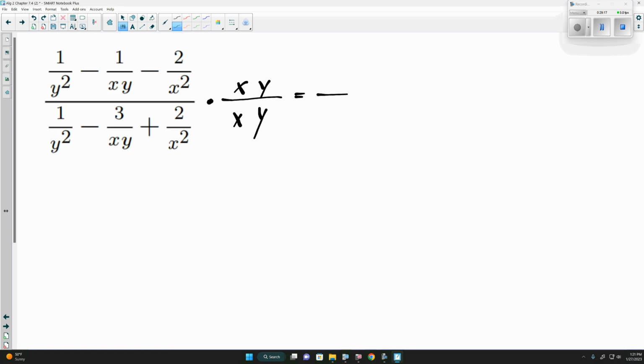So let's see. If we multiply these out, if we do xy times the first one, we're going to get xy times 1 is just xy over y squared. Will the y over y squared simplify? Well, they will, but we'll have a y left over on bottom. So, okay.